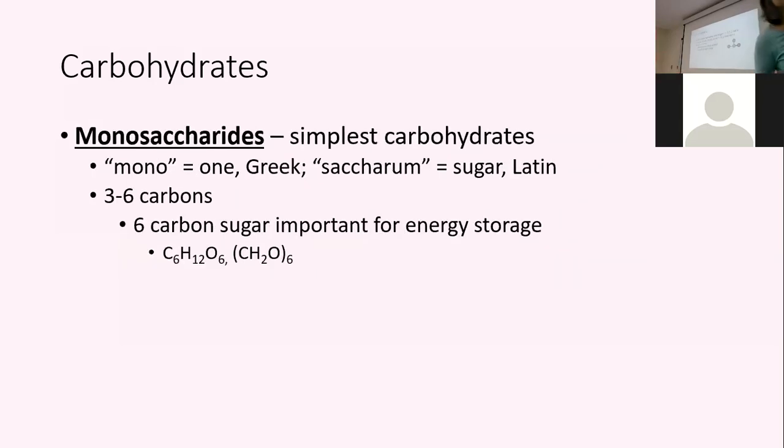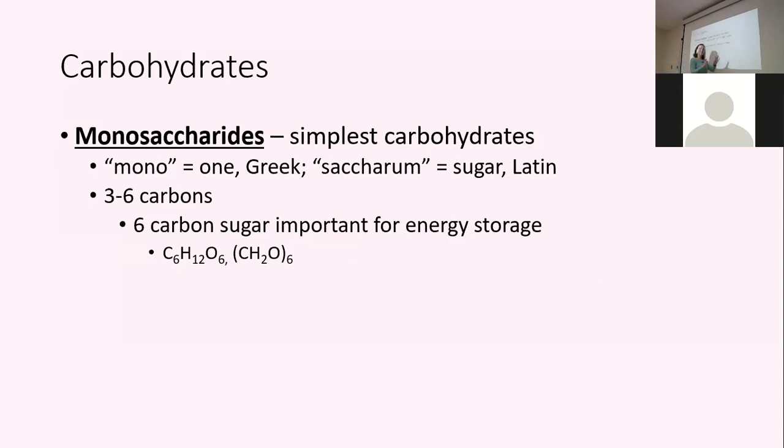Right? So our monomers, our smallest pieces in carbohydrates, are called monosaccharides, right? Saccharide is just sugar, mono is one. So our one little piece of sugar, molecularly speaking, not like a sugar crystal, right, is a monosaccharide. They tend to have 3 or 6 carbons.